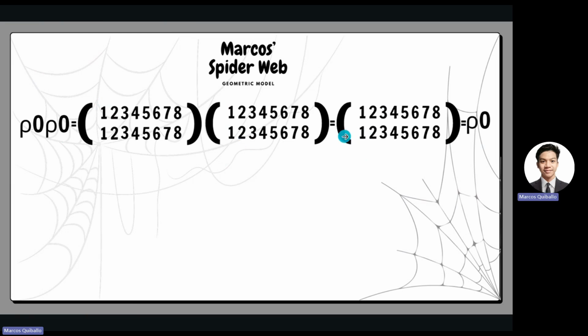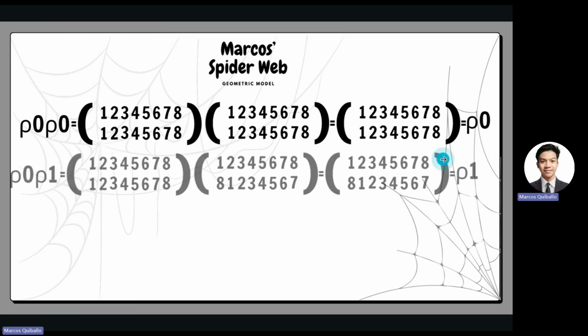And for the other, 2 is mapped to 2, and 2 is mapped to 2. And after we find all the results, we will have this mapping. So it is equal again to row 0 because our row 0 is our identity.